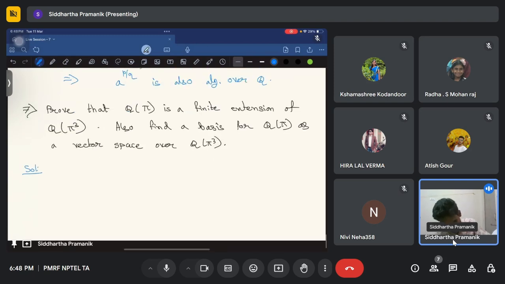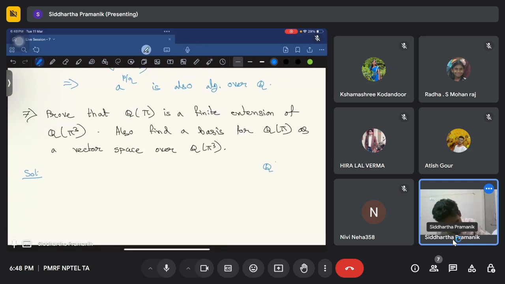So here we have the tower. If you take Q(pi), here you have Q(pi^3), and here you have Q. So we are saying this extension is finite. So how to prove this one?